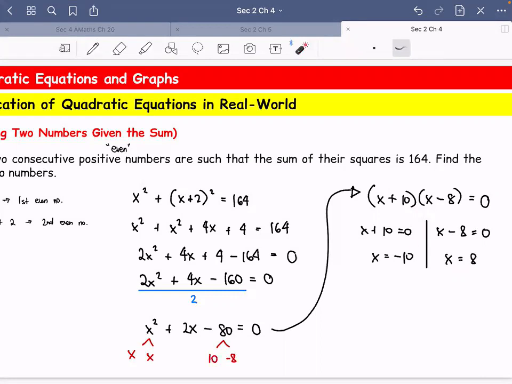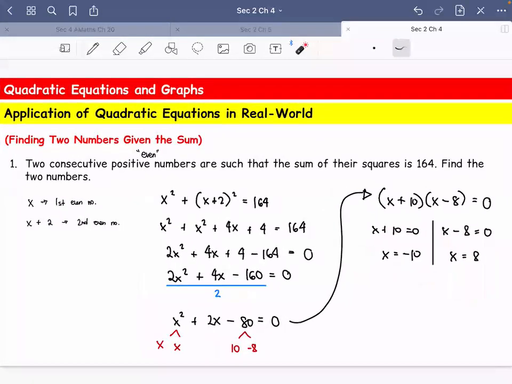Which one is the correct answer, negative 10 or positive 8? If we go back to our problem, we are looking for positive even numbers. So basically, negative 10 is out of the question, because we're looking for positive even numbers. Therefore, your correct answer is 8, x is 8.